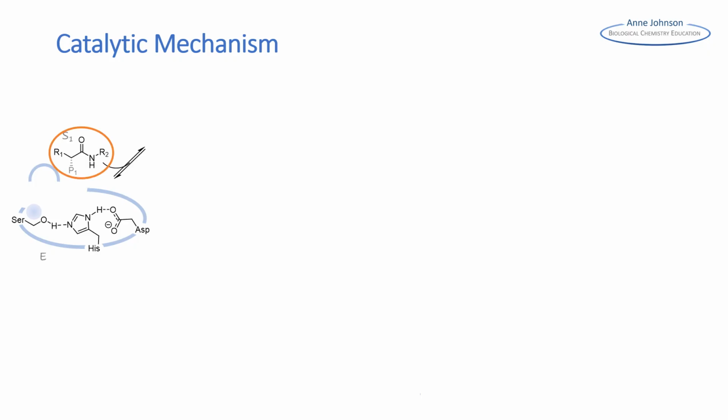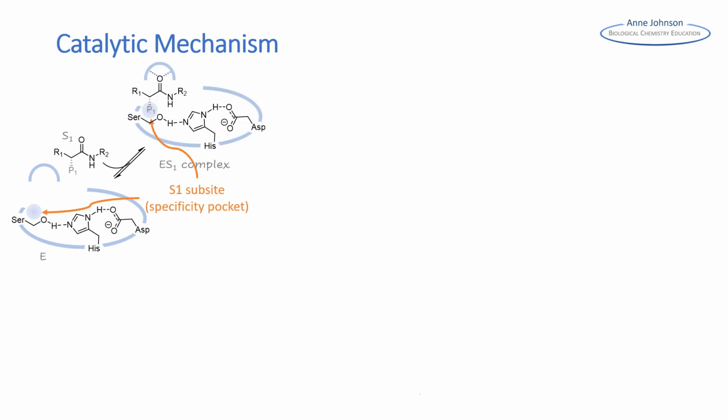The first substrate, a peptide or protein, binds in the active site with the S1 specificity pocket and oxyanion hole placing the scissile bond near the nucleophilic serine of the catalytic triad. Interaction of the scissile carbonyl group with the oxyanion hole increases the electrophilicity of this group.